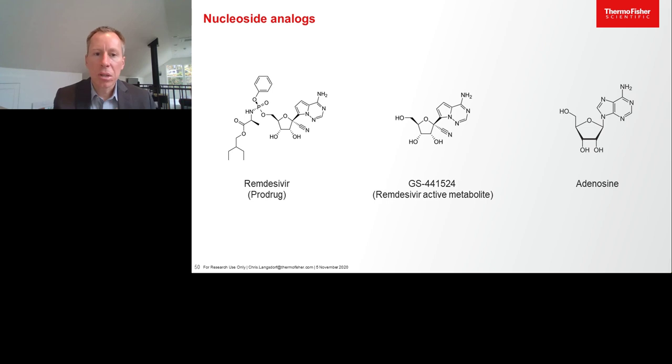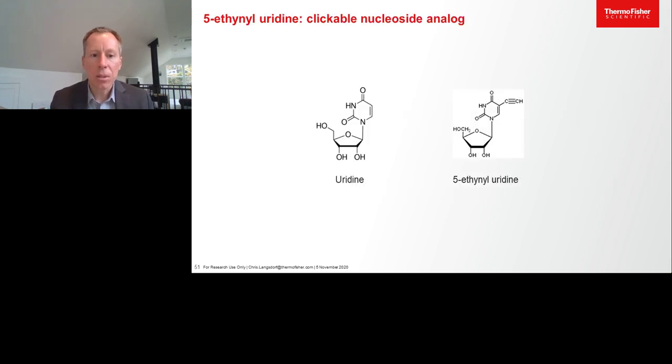We can make additional nucleoside modifications. We can modify uridine with a handle, as shown on the very top right, an ethynyl handle, and create 5-ethynyl uridine. Now, in this case, this very small tag will be incorporated into actively produced RNA.